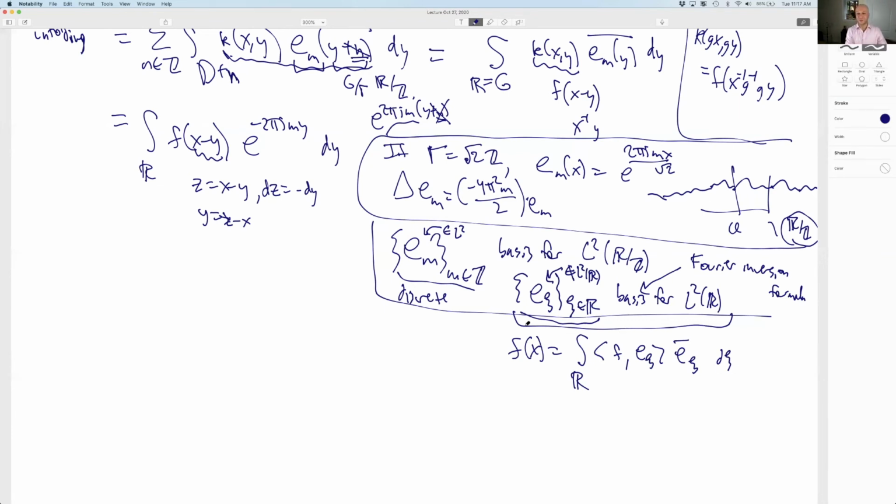So this is continuous spectrum. The eigenvalues are still the same eigenvalues, lambda_xi is negative 4 pi squared xi squared, but now this varies continuously.